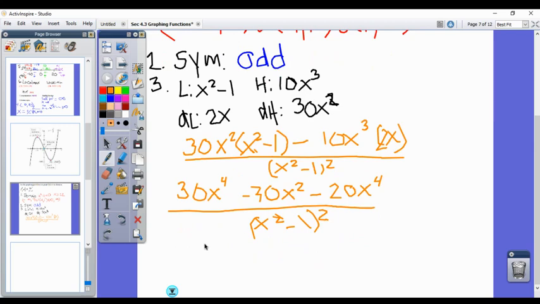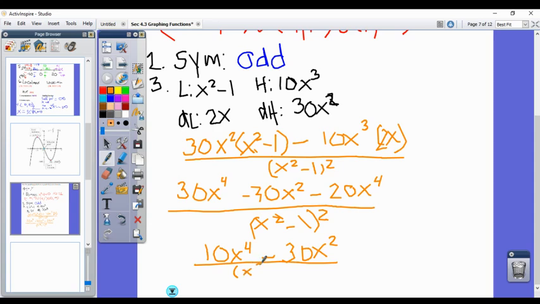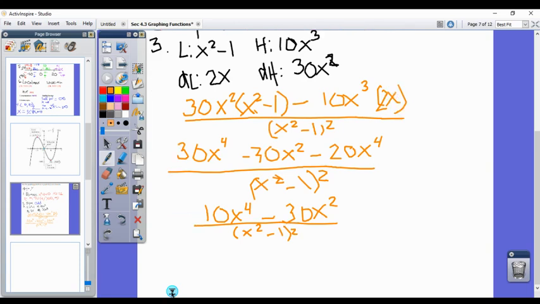All right, and we're going to combine our like terms. So we're going to end up with minus 30x squared. All right, and then I can actually factor out something.